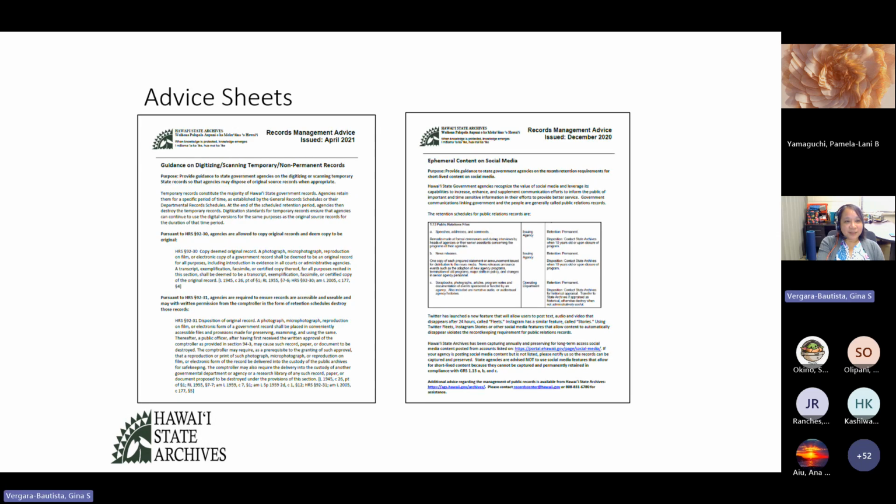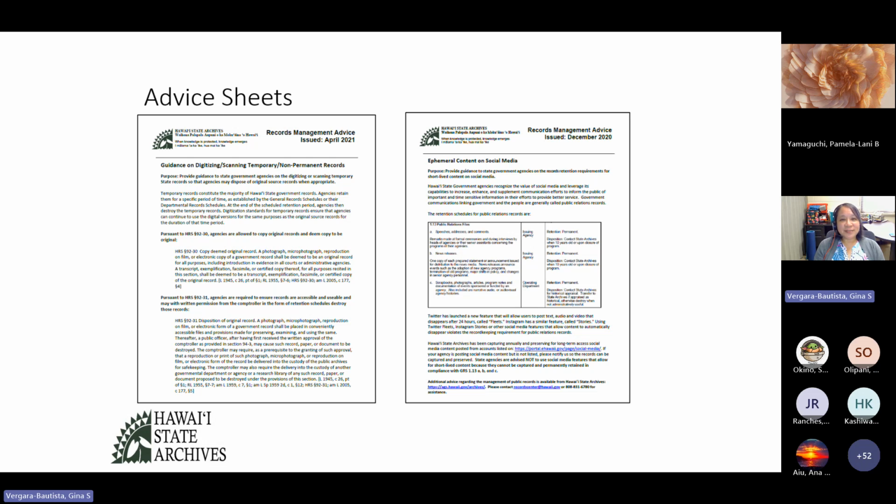Okay. So here are examples of advice sheets that we've issued. The first one is guidance on digitizing and scanning temporary or non-permanent records. The advice sheet asks you whether what you're thinking of scanning is worth scanning. There's a flow chart or a set of questions that you go through.